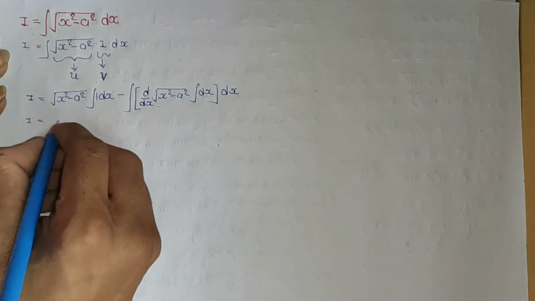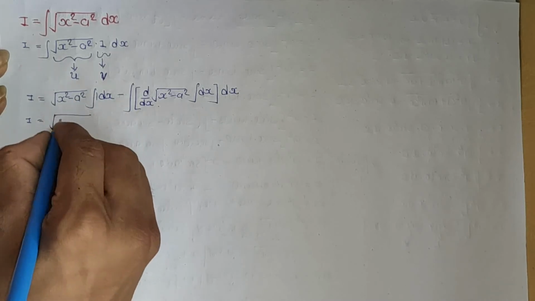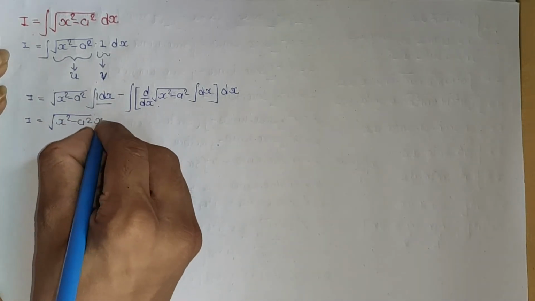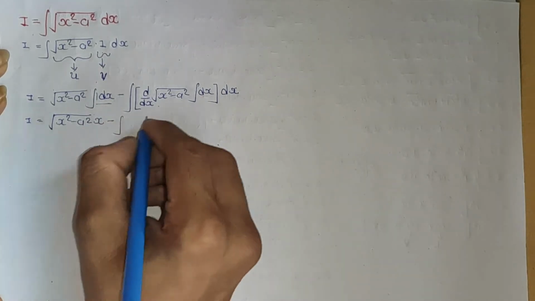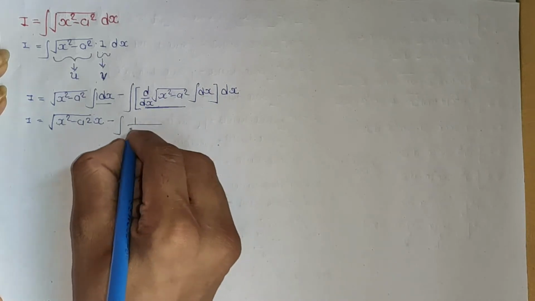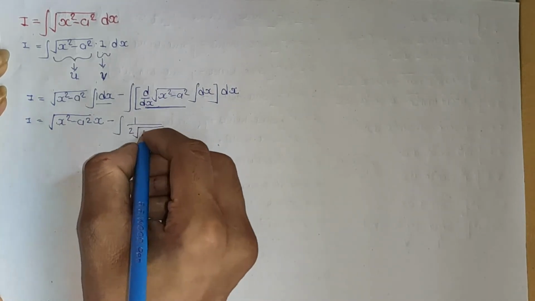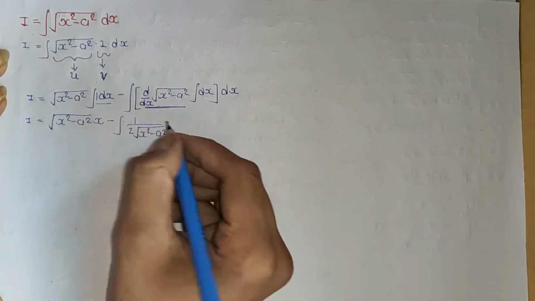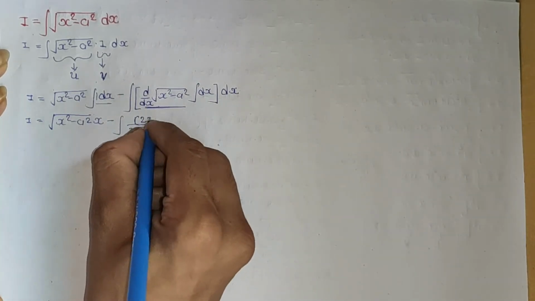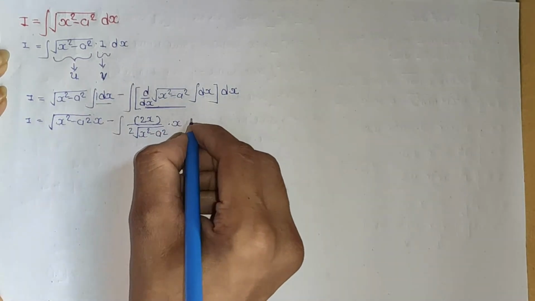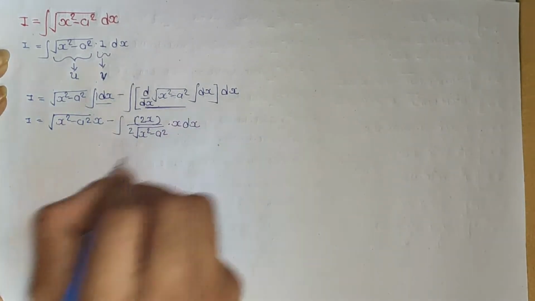I equals square root of x square minus a square times x, minus integration, derivative of this term will be 1 by 2 square root of x square minus a square, in numerator 2x, and here x, this dx.